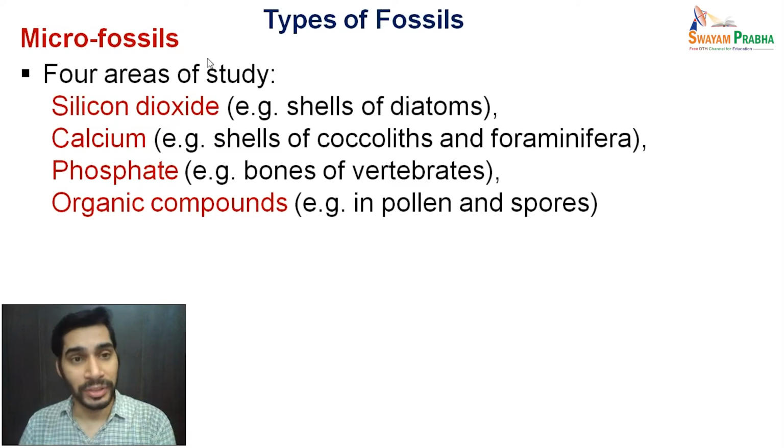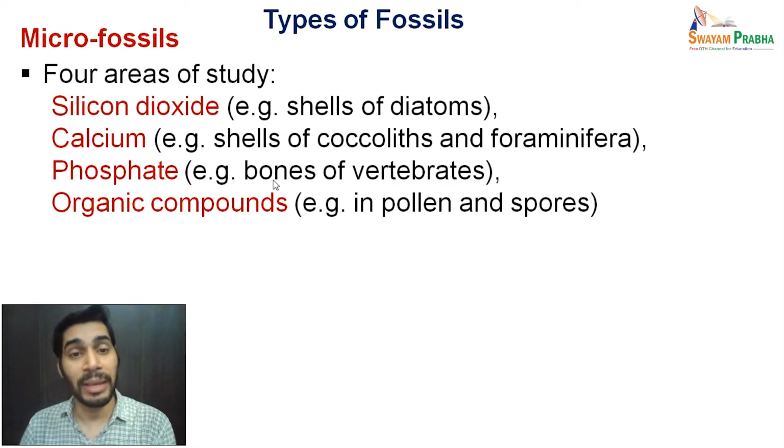The microfossils can be divided into different areas of study depending on their composition. It can be made up of silicon dioxide, just as in the case of shells of diatoms, or it can be a calcium category, where the shells of coccoliths and foraminifera come.